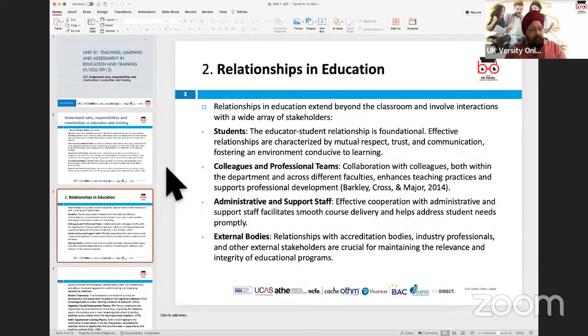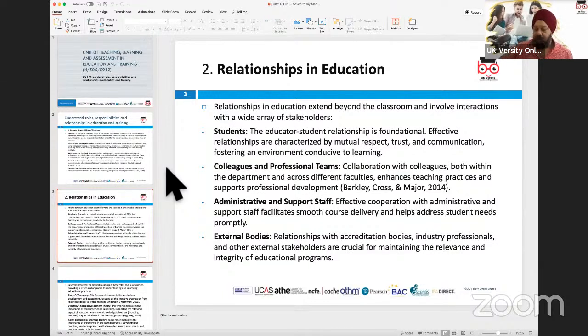So if I look at grammar schools in the Manchester area, just to give you an idea, from my own experience, the Laureate Group or the Loris Group essentially manages a number of schools in the Greater Manchester area, and they would also be managing some of the relationships with accreditation bodies like NCFE or AQA in some cases, or Pearson when we look at sixth form or GCSE in particular.